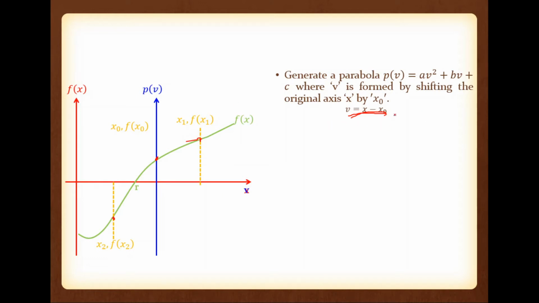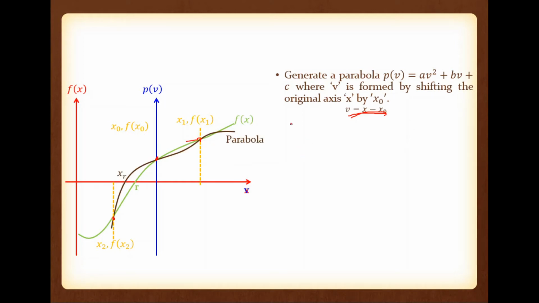The origin is shifted, so we have a shifted coordinate. And second, we are going to generate a new parabolic function, p of v equal to a v square plus b v plus c, where the independent variable is v, which is exactly equal to the given function at the given points f of x0, f of x1 and f of x2. Means p of v has to pass through these three points.